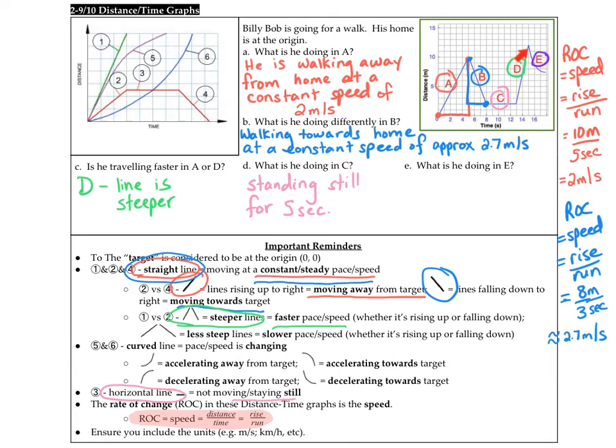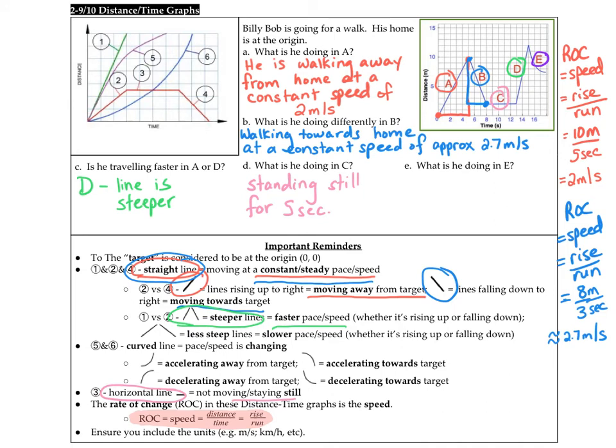So if you take a look at this, we start off with a steep curve, and then as it curves, it becomes less steep. So the steeper it is, the faster he's going. So that means he's starting off fast, and then as it becomes less steep, he is becoming less fast, which means he is slowing down. So that is decelerating. So he's decreasing his speed.